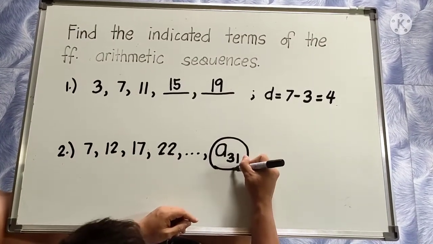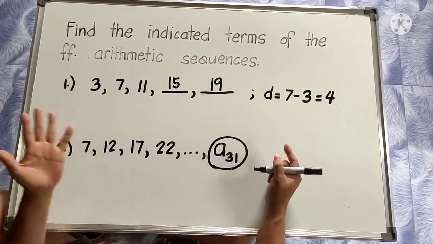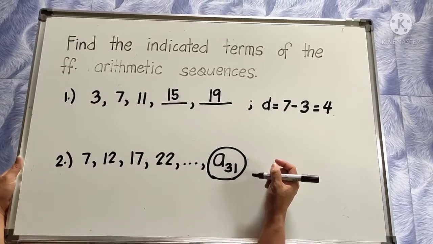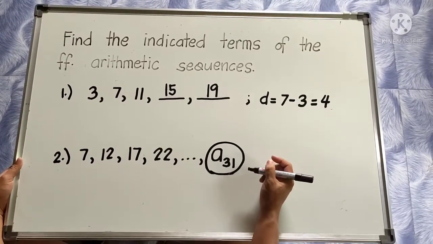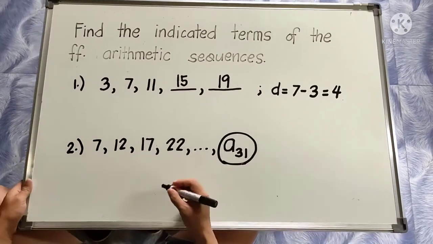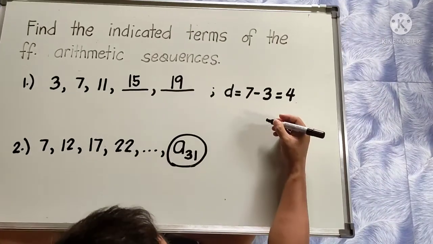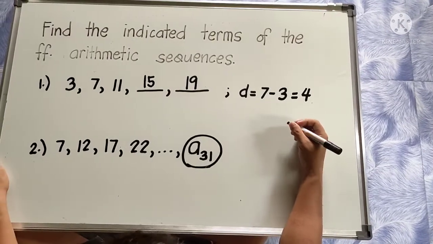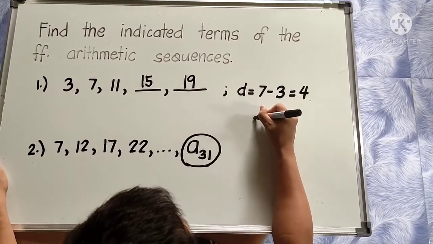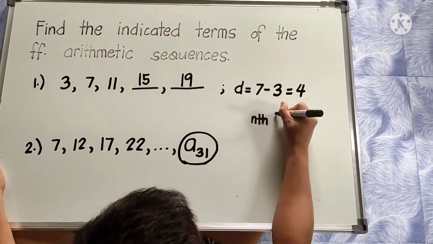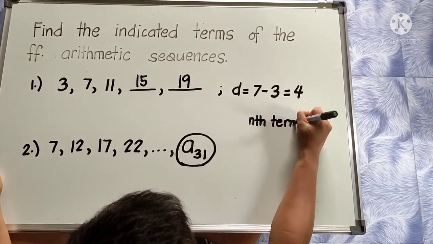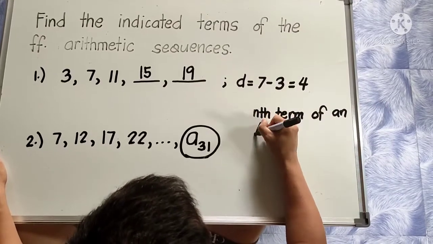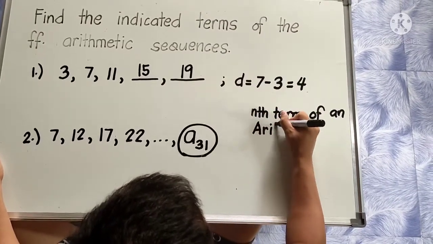So in this case, we will be giving a solution to that problem by providing you a formula. This is the formula in finding the nth term of an arithmetic sequence.